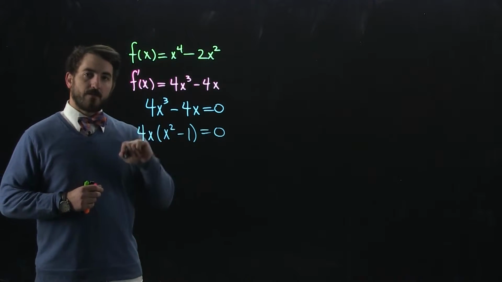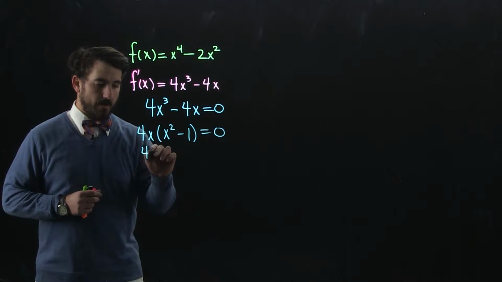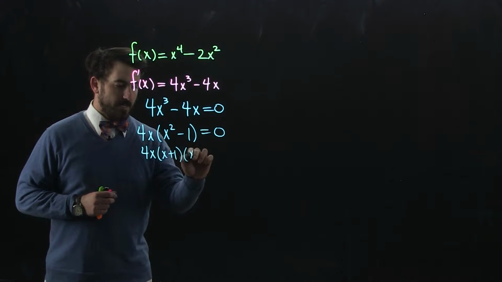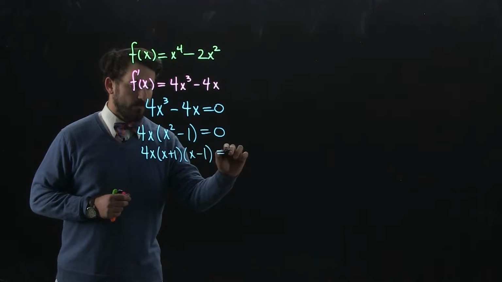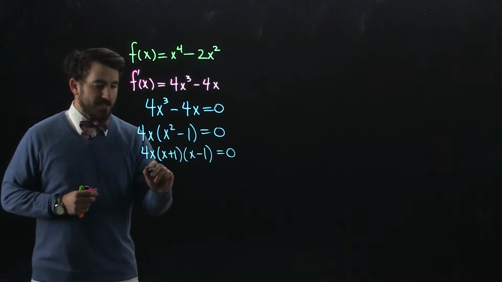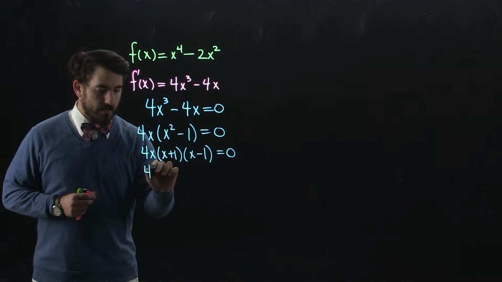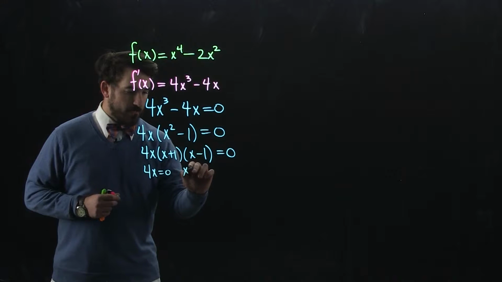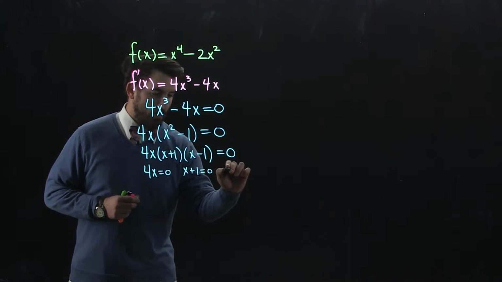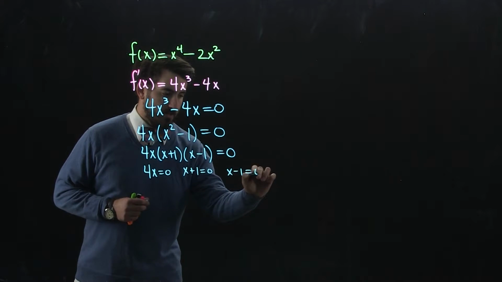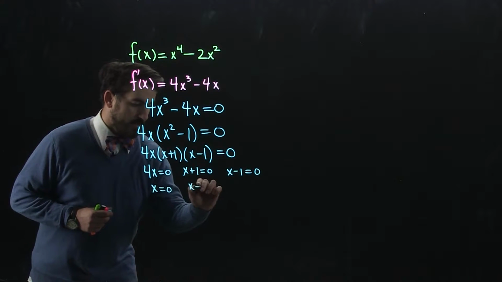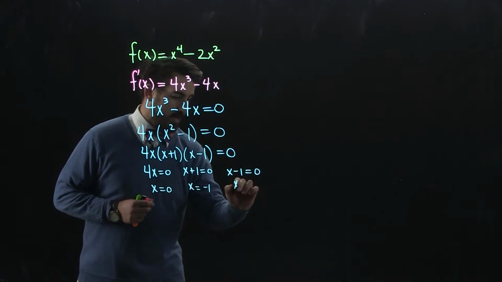I have a difference of squares here, so this is going to be written as 4x times x plus 1 times x minus 1 equals 0. And so then the solutions to this is 4x equals 0, x plus 1 equals 0, or x minus 1 equals 0, which then gives us x equals 0, x equals -1, or x equals 1.